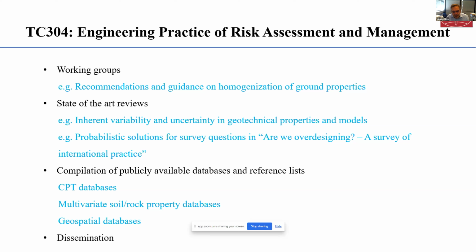We've also compiled a very extensive publicly available database, for example on CPT data, multivariate soil property data, geospatial data, as well as reference lists. So overall, the technical committee does a lot of work in dissemination.